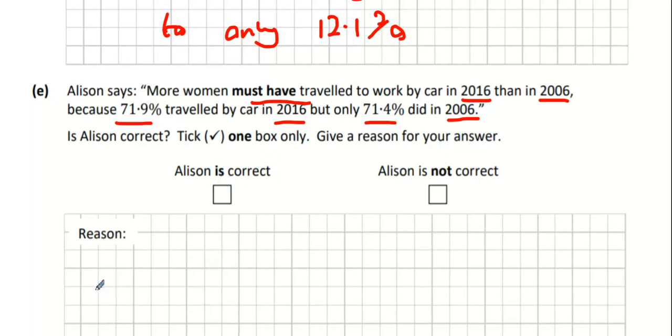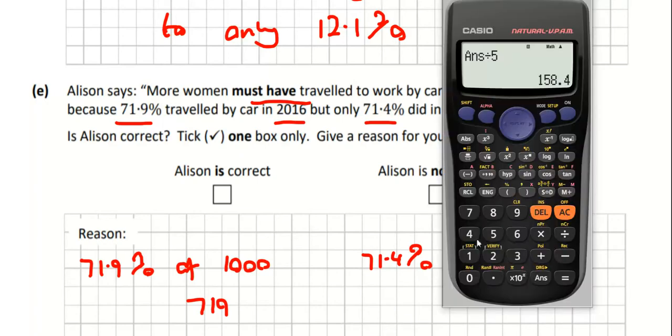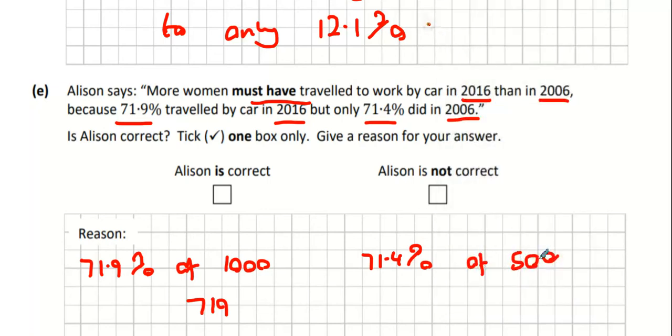So I'll give you an example of what I'm talking about here. 71.9% of, let's say, a population of 1,000 would equal 719 people, while 71.4% of a population of, let's say, 500 would equal 357 people, all right?